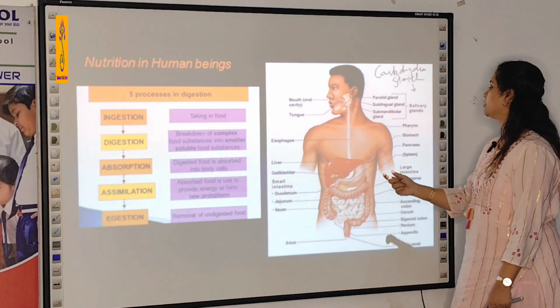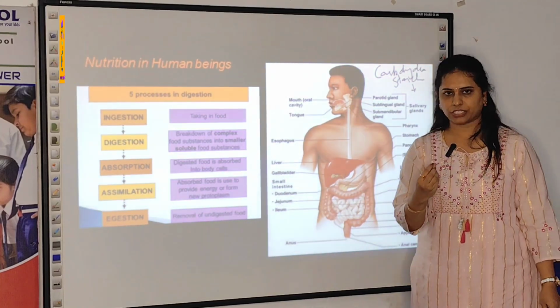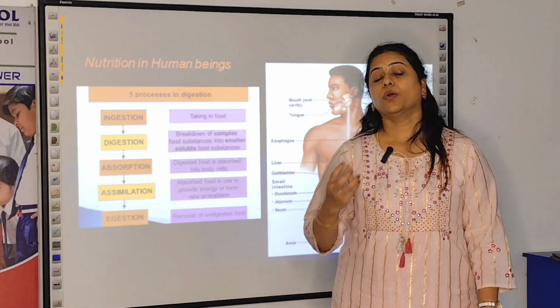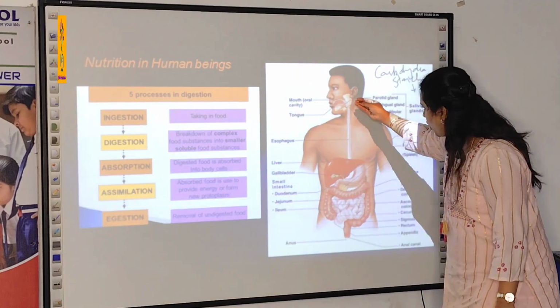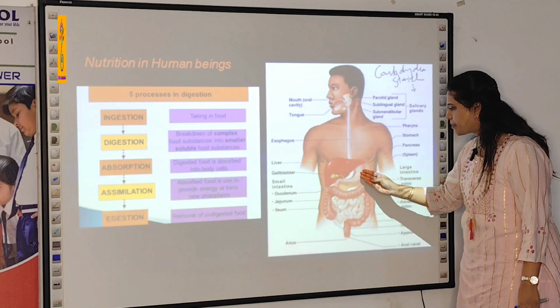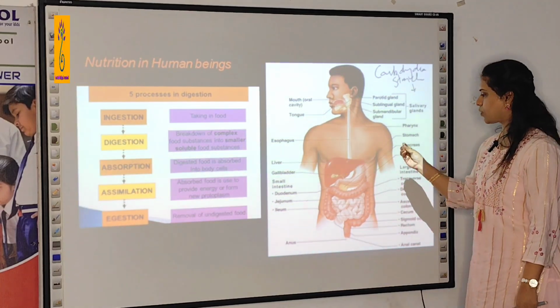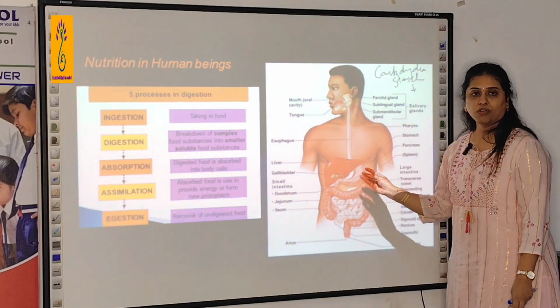So the gastric glands here produce gastric juice. The gastric juice contains enzymes which will break down the bolus, when it enters here, this is called bolus. This will break down into simpler compounds or molecules through enzymes.